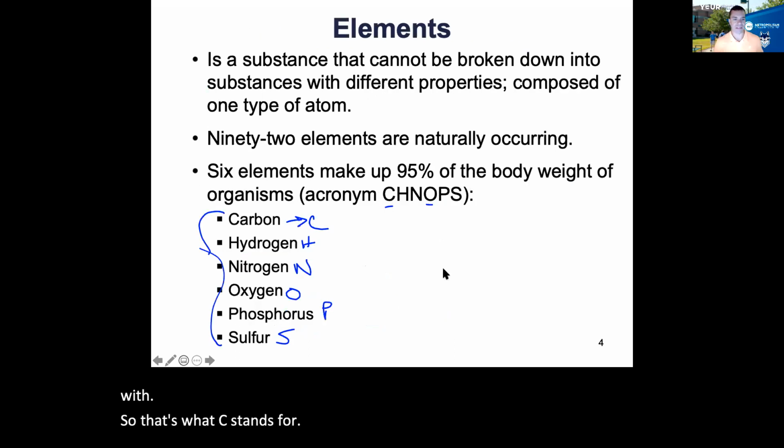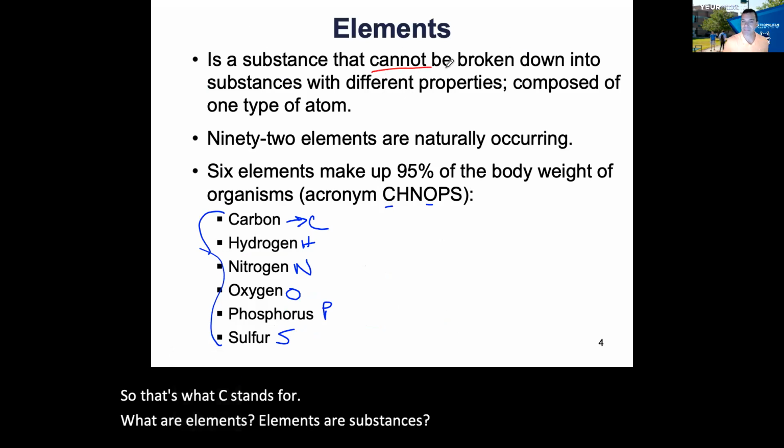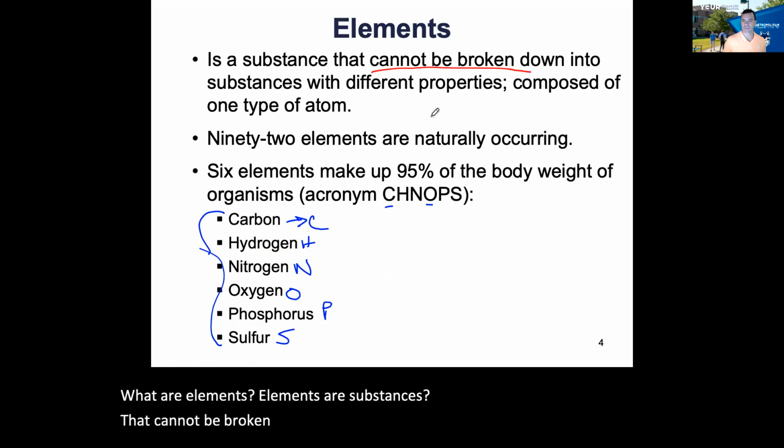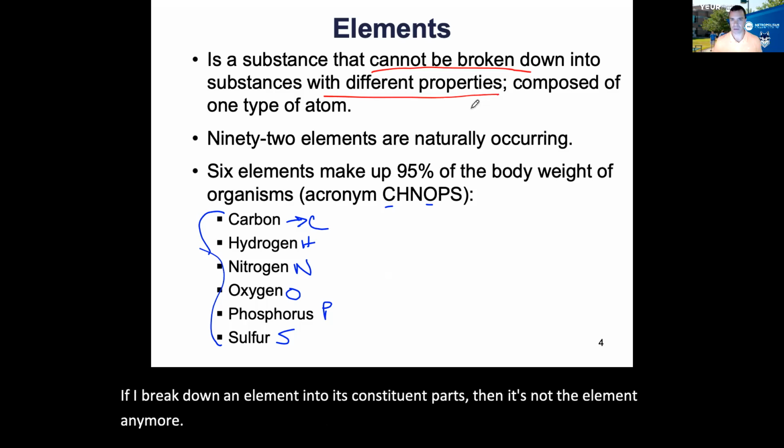What are elements? Elements are substances, okay, that cannot be broken down. If I break down an element into its constituent parts, then it's not the element anymore. Okay?